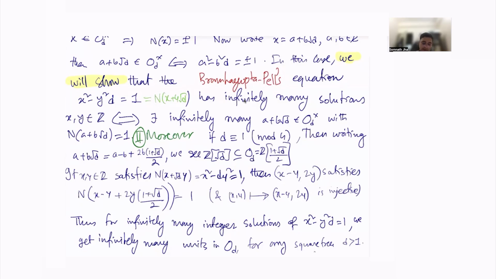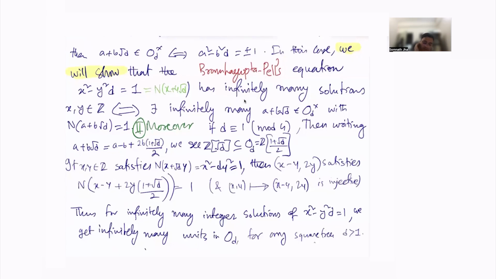In the case of (1 plus root d)/2, it contains Z[root d], so if you can show that for any d, x squared minus d y squared equals 1 has infinitely many solutions, you again get infinitely many norm 1 elements inside Z[(1 plus root d)/2].